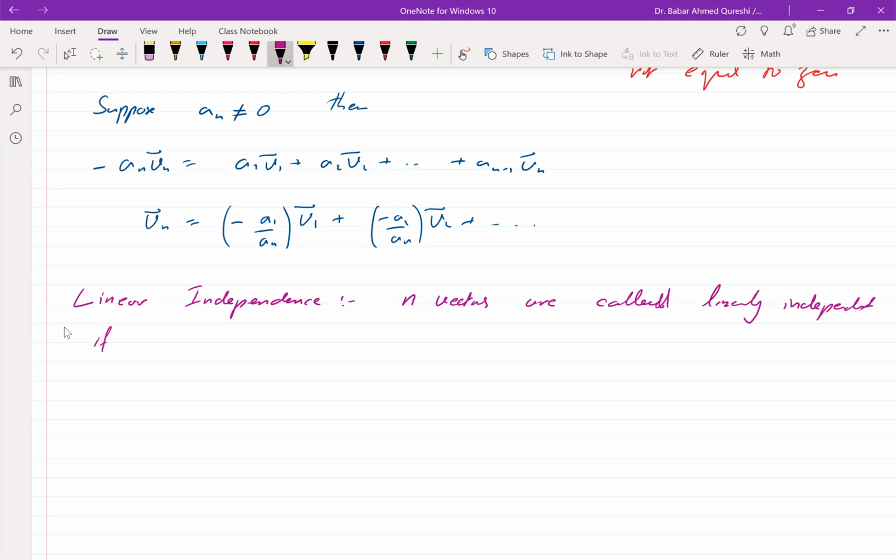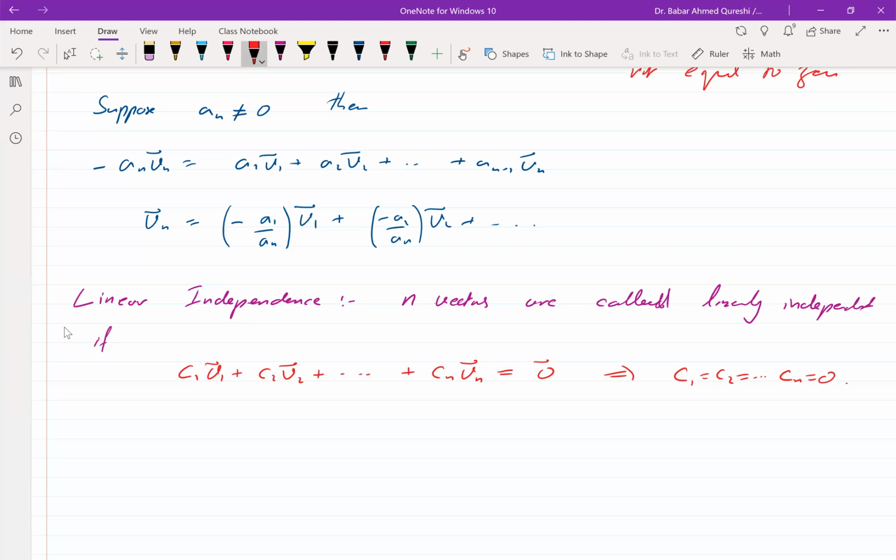If this holds, only if you're given this implies that all of these coefficients are zero.